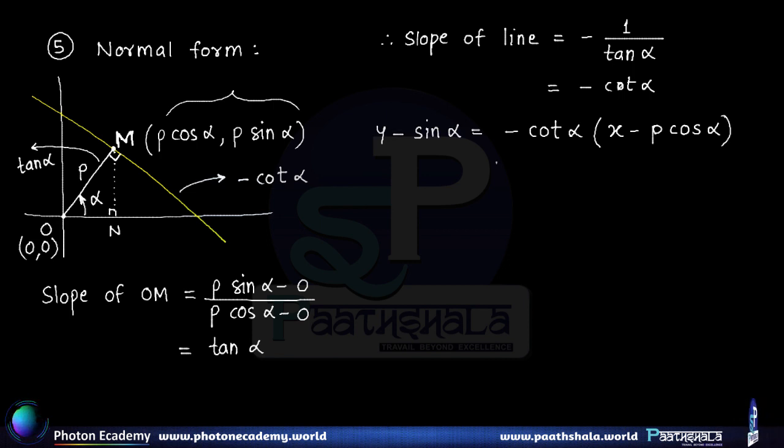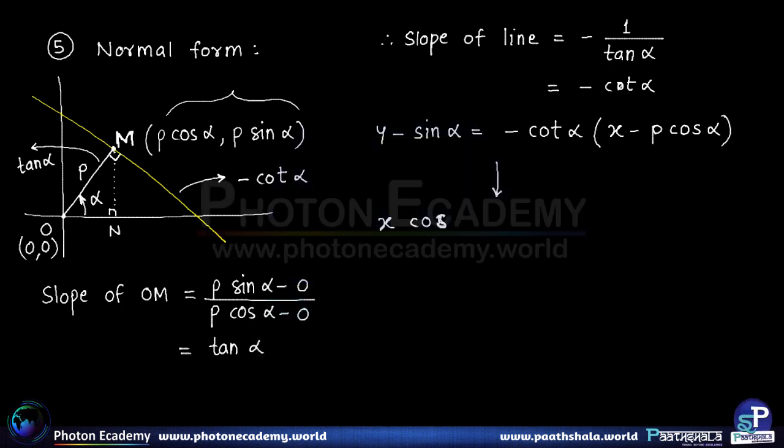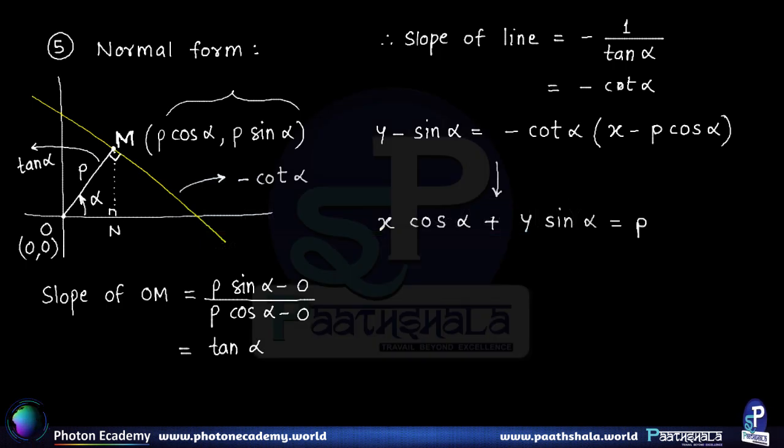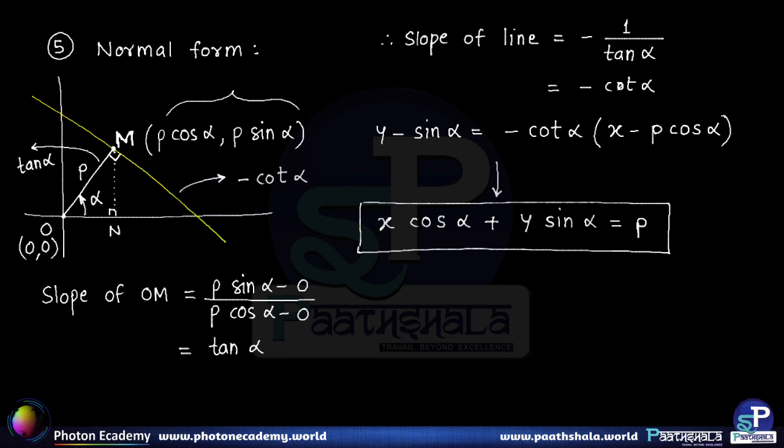On simplifying this equation, we get the final form as x cos alpha plus y sin alpha is equal to the perpendicular distance of the line from the origin, which is p. This is what we call the normal form of the equation of the line.